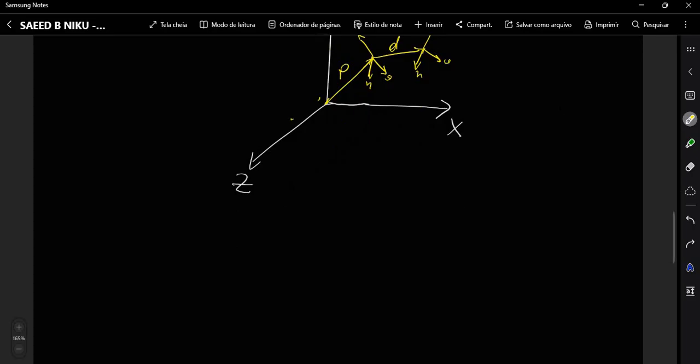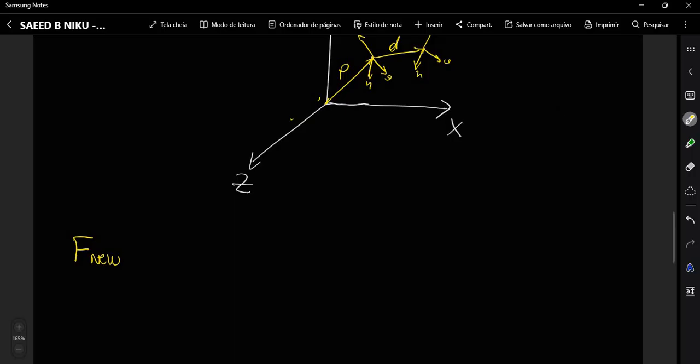As we are talking about a pure translation, we want the new position and orientation.